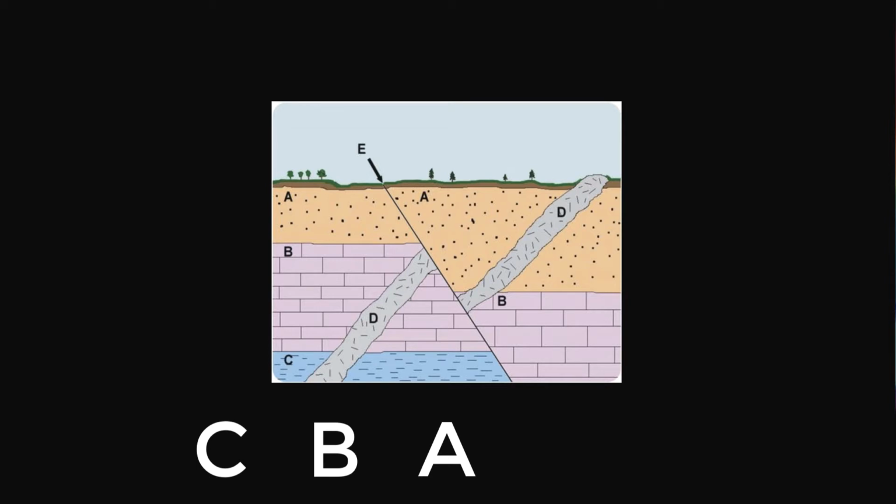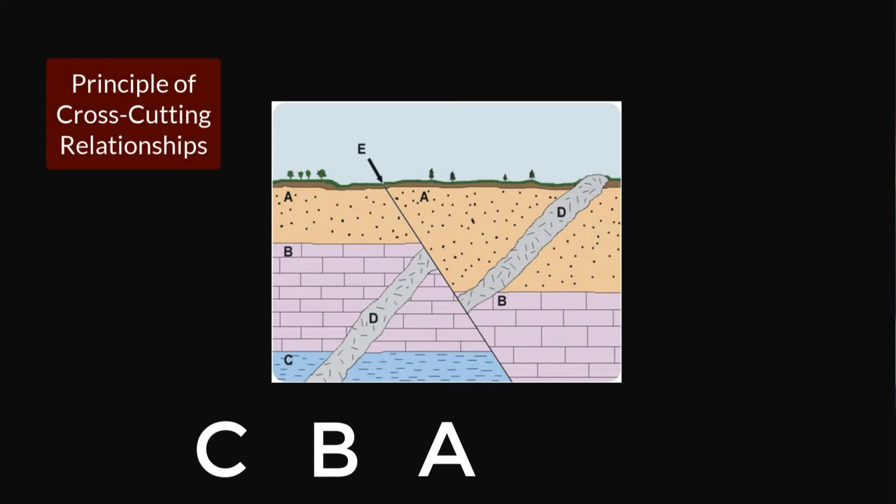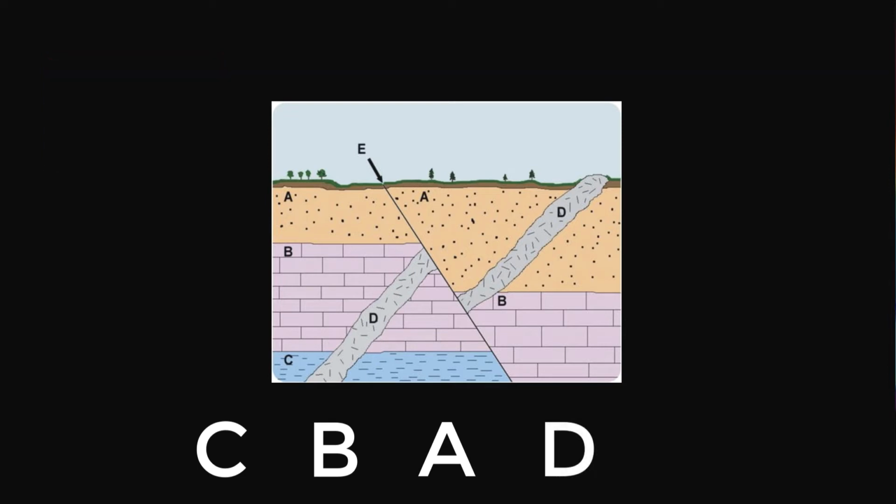So the first interruption is going to be D. D is an intrusion, and we know that D came after C, B, and A because it cuts across all of them. So D cuts across C, B, and A.